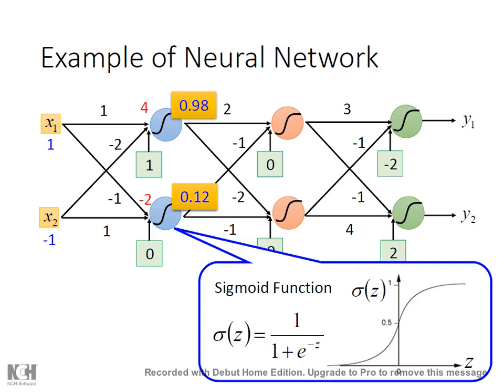A sigmoid function looks like this. It normalizes the value to the interval between 0 and 1. Suppose our input to the sigmoid function is 4. Looking at this function, the output is almost 0.98. Okay, any problem?